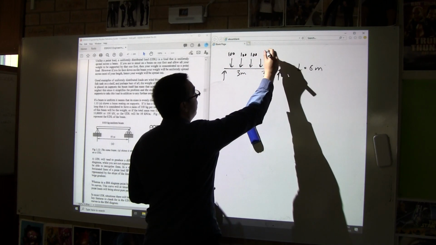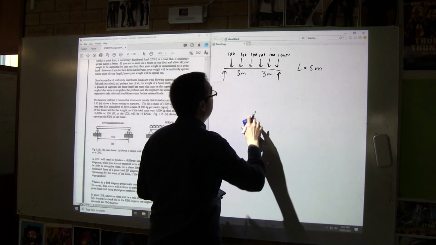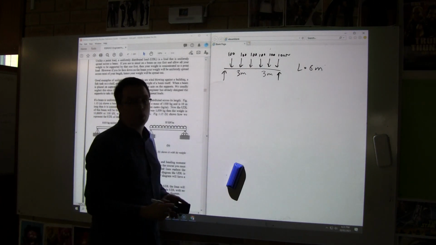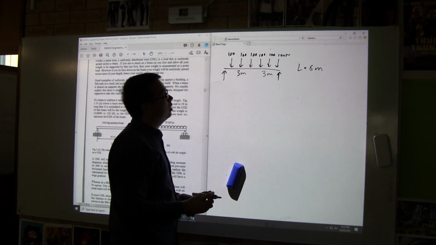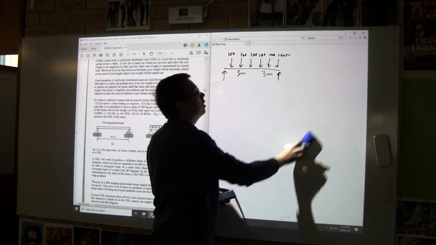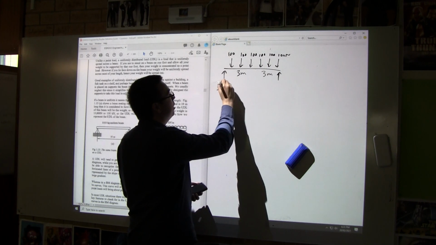In this situation, what's our reaction going to be? What's our total load? 600, so we're going to have 300 on each side.